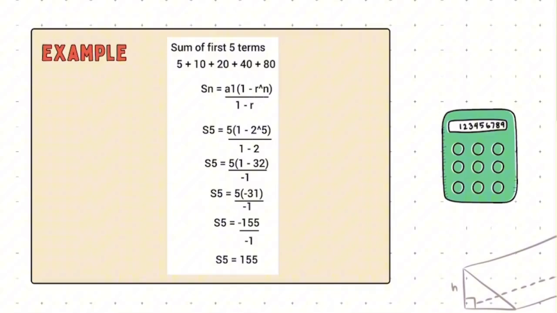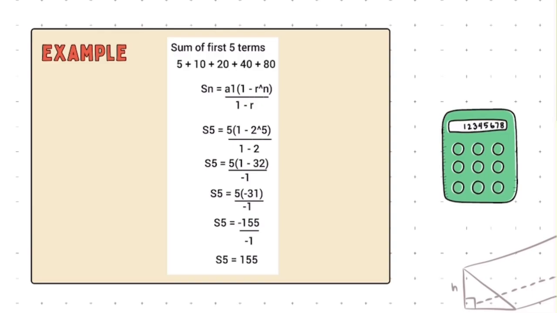So our common ratio is 2. And 2 to the 5th power is like multiplying 2 by itself 5 times: 2 times 2 times 2 times 2 times 2. This makes it 32.